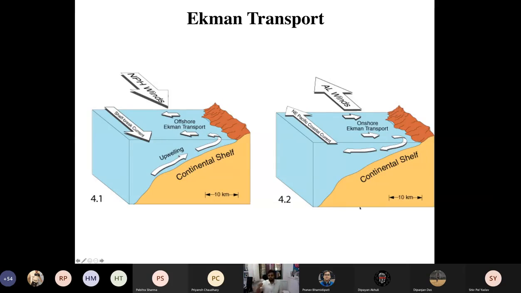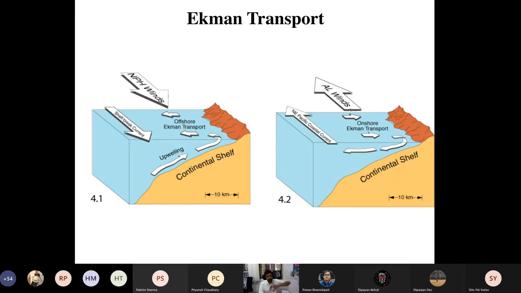Whereas if the water moves from south to north, the water is deflected towards the right, that is towards the shoreline. Thus, there is no change in the water movement. There is no upwelling or movement of water from the deep to the surface. So remember that Ekman transport leads to upwelling of deep waters from the bottom of the ocean to the surface.